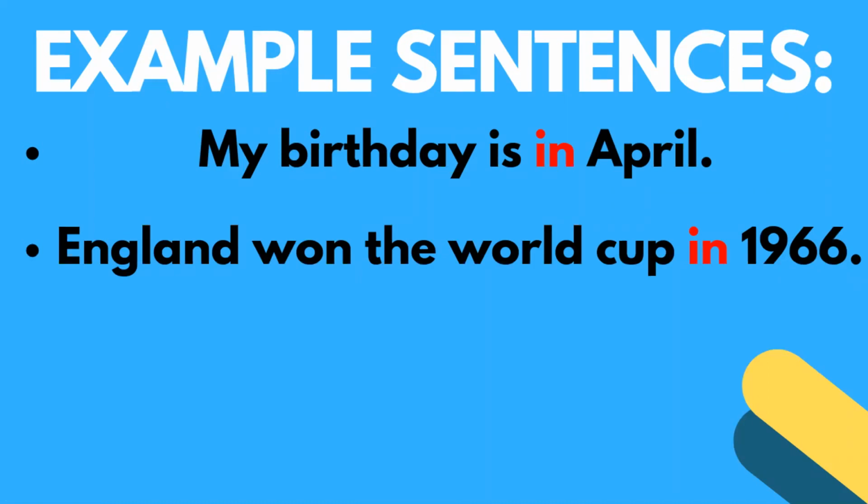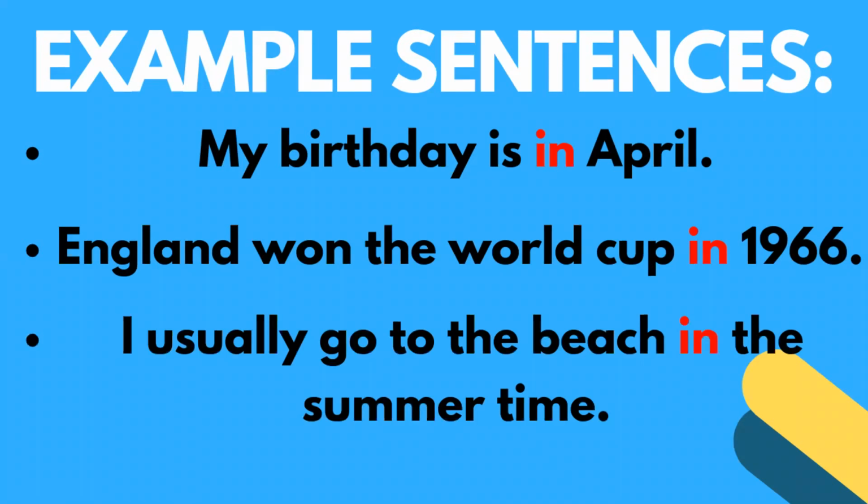So you say, okay, this is a specific year, no? Or, for example, you say, I usually go to the beach in the summer. Summertime. So you say, okay, it's a period of time, right? En el verano, I go to the beach. So that is a simple use. In April, in 1966, or in summer, for example.